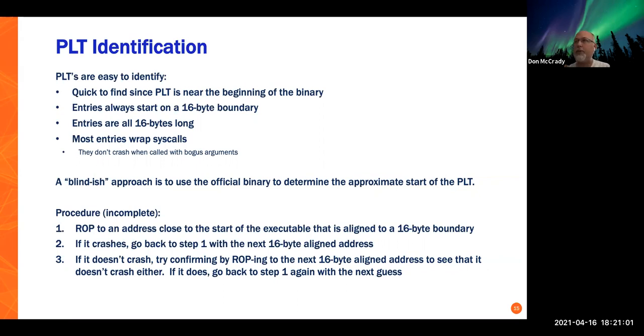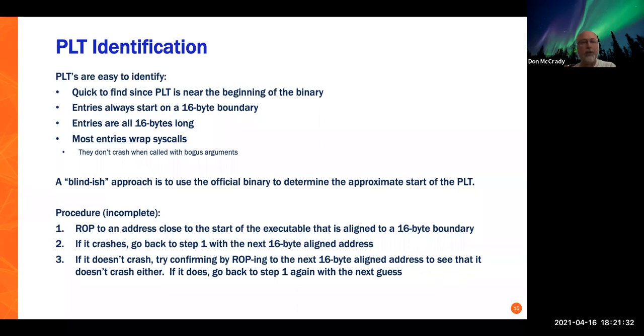Eventually, if you get to a 16-byte aligned address that doesn't crash, you can verify or confirm that it's the PLT by trying the next sequential 16-byte aligned address. And if that doesn't crash either, then you've got two things in a row that, when you ROP to them, didn't crash. There's a good bet that you have found the PLT using a blind ROP technique when you can find two things that don't crash.